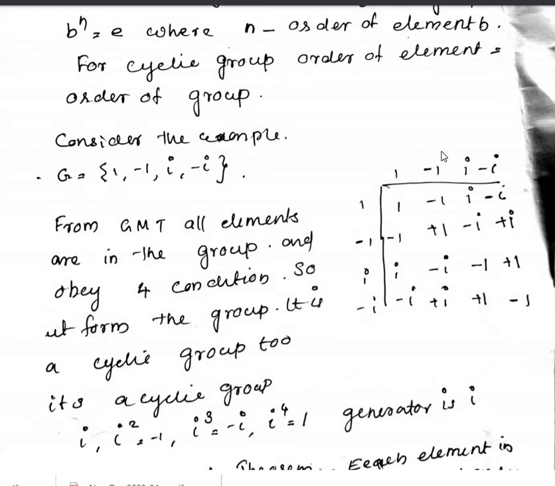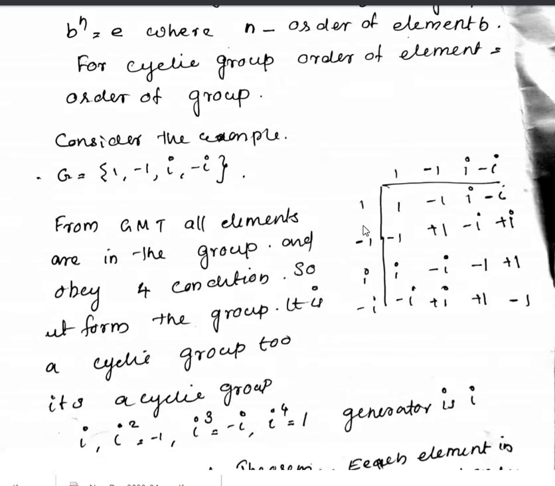So when we do this multiplication, we will get all the combinations of the elements here. We know that all the combinations of these elements are in this group.